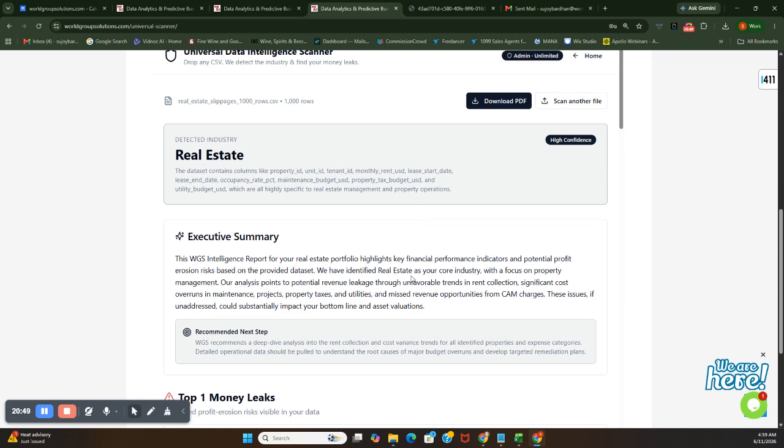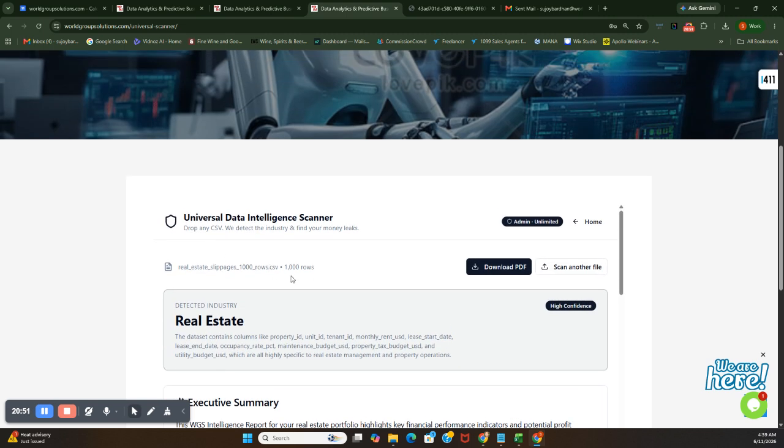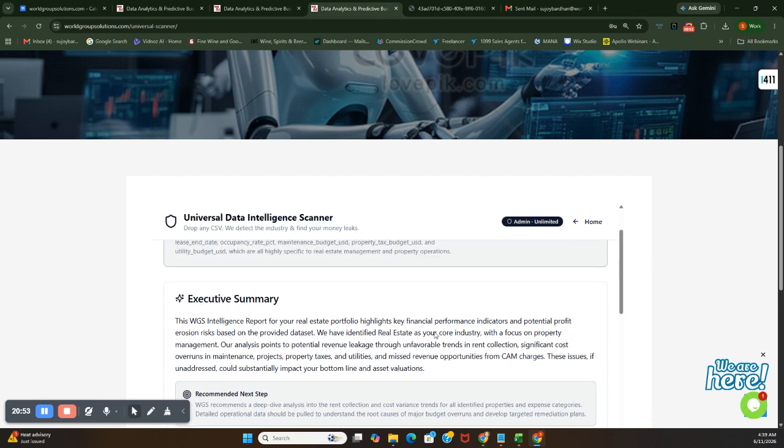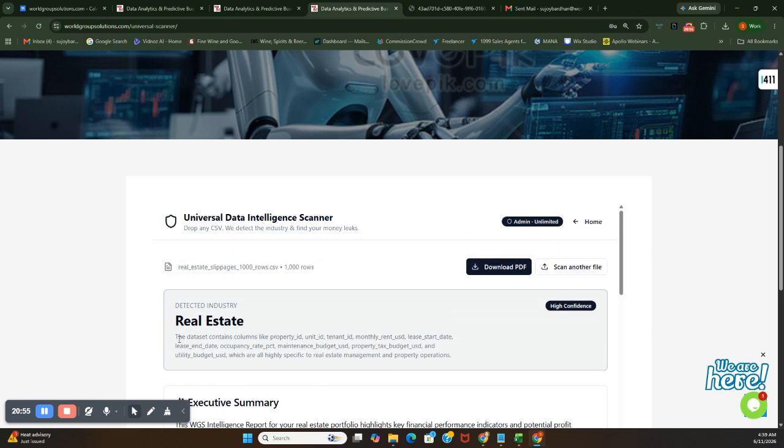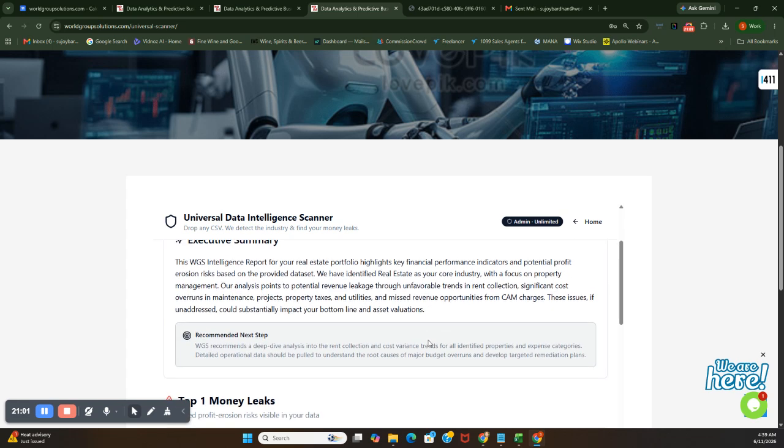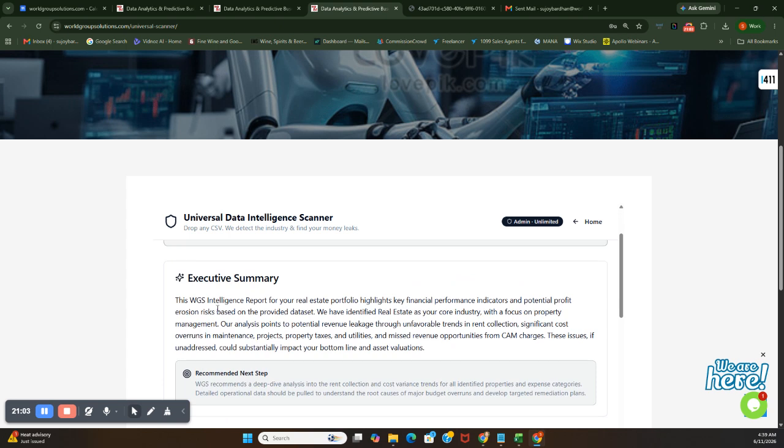And I can see it was to do with the real estate. The dataset contains columns like property ID and so on, so it knows it is a real estate problem. The executive summary is also ready. The WGS intelligence report for the real estate portfolio highlighted the key financial performance indicators and potential profit erosion risks.